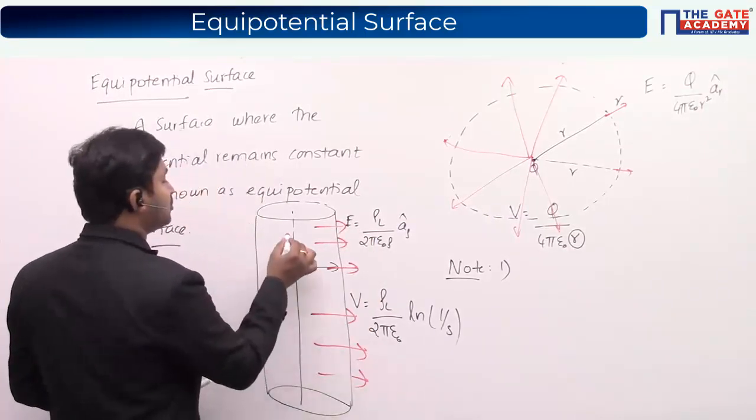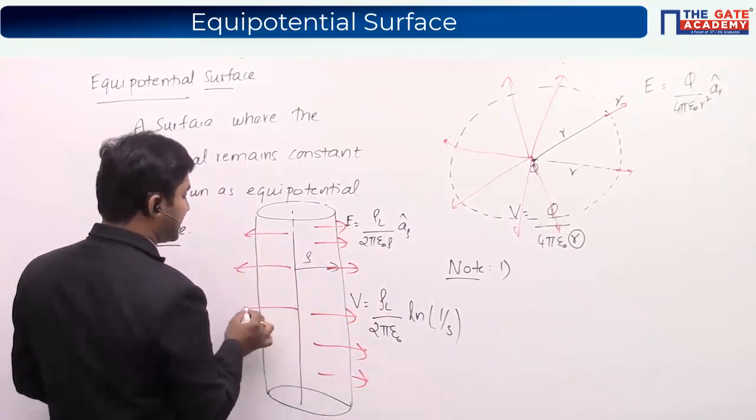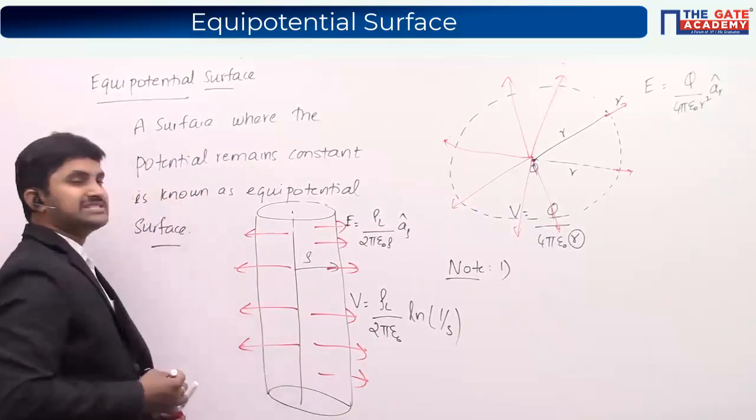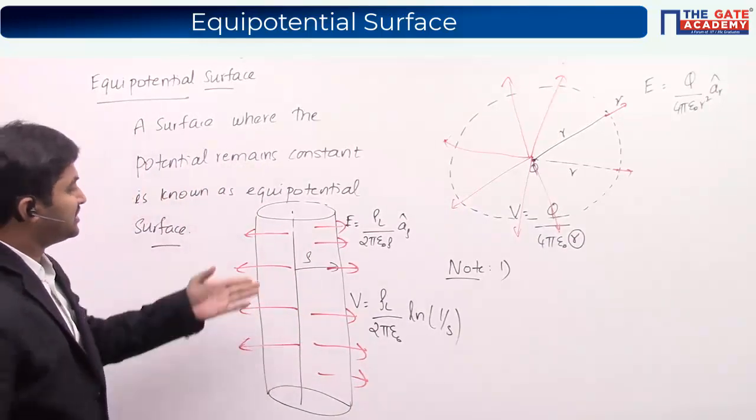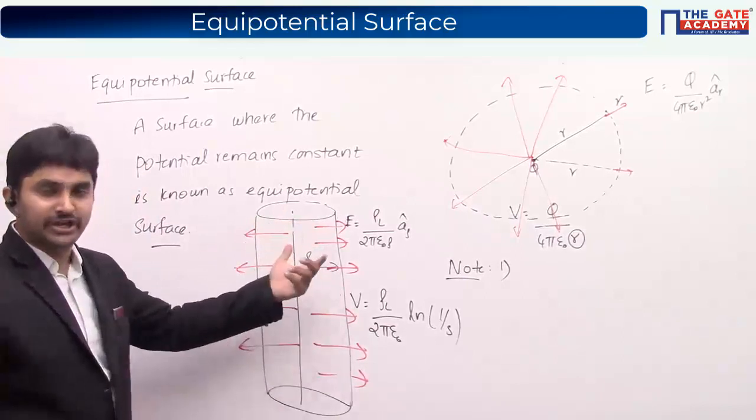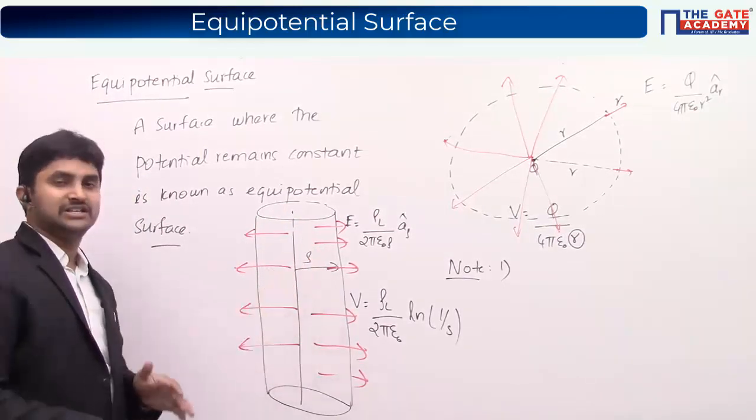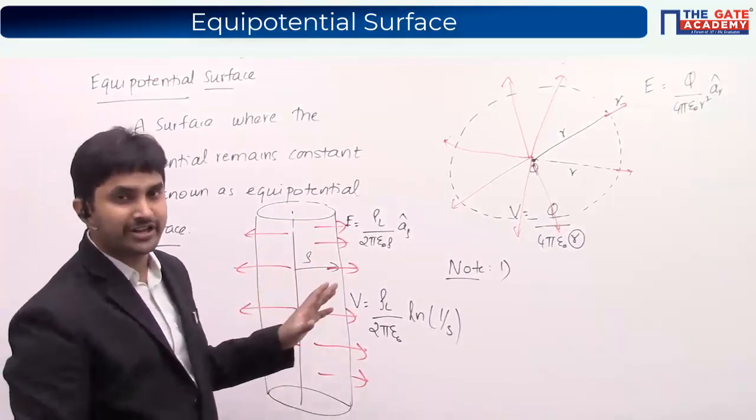Now, don't you think that for this cylindrical surface, the direction of the electric field is normal to it, yes or no?